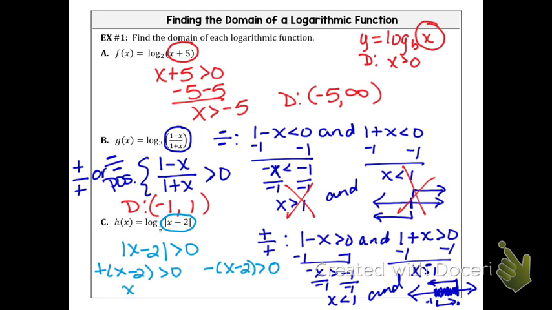All right, so if I work this out, I get x is greater than 2. And so I get x is less than 2.